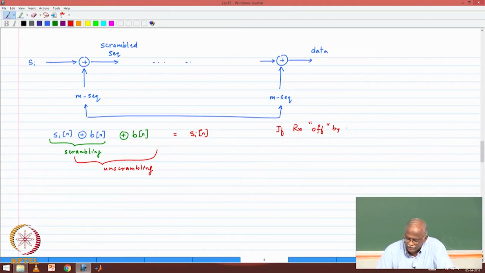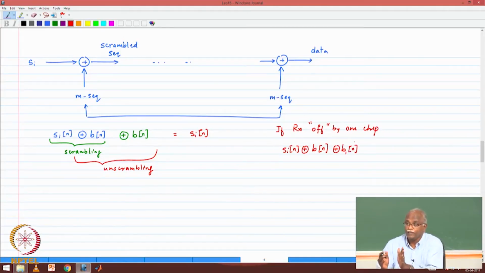What happens? What we have is Si of n modulo 2 B of n, modulo 2 B1 of n, am I correct? You're off by one, so it's shifted by one, and we know that B of n plus B1 of n is some other cyclically shifted version, BL of n.